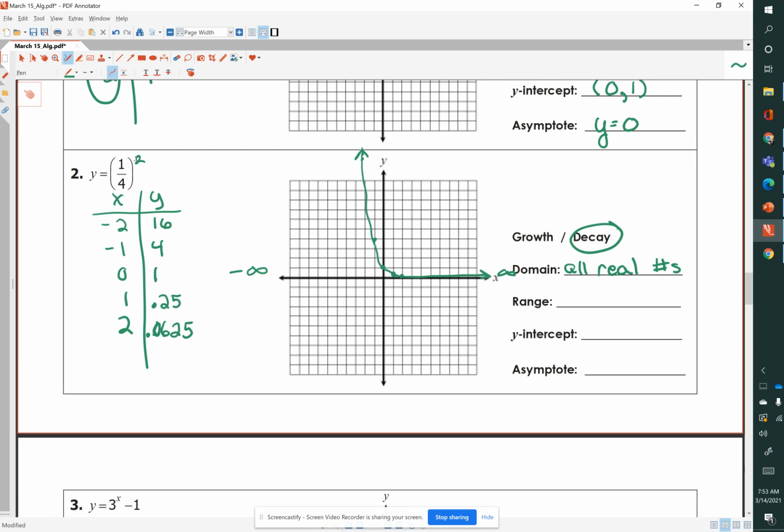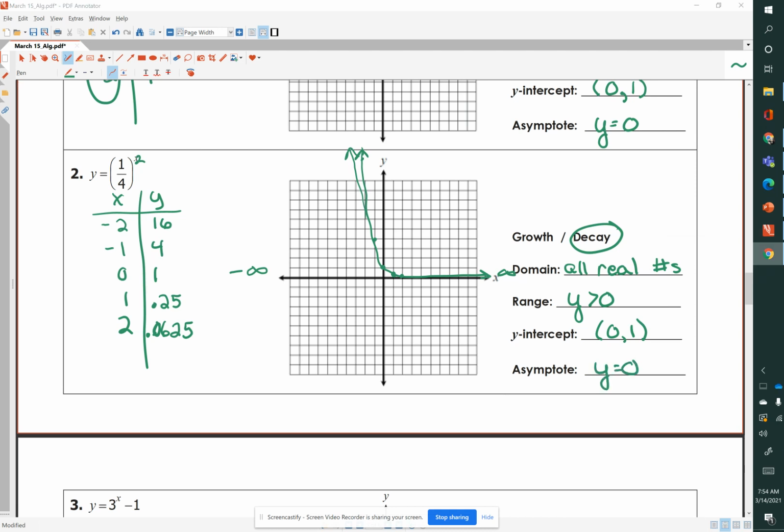And it's going to infinity because this is going out to the left as it goes up. So the range, like the first one: this function will never cross the x-axis. The range is y is greater than 0. The y-intercept is (0, 1). And our asymptote is the x-axis, which means y equals 0.